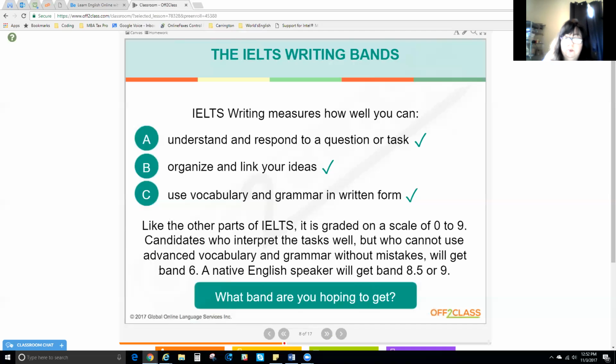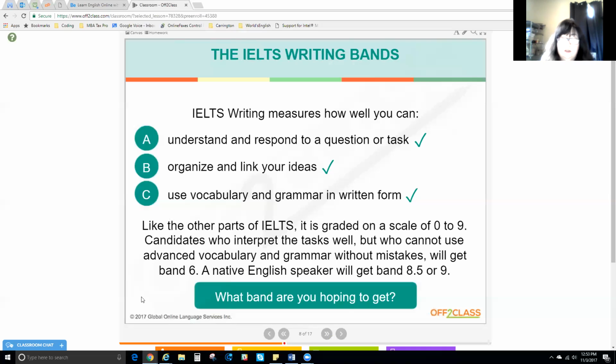Okay, so like the other parts of the IELTS, the writing part is graded on a scale of 0 to 9. Candidates who interpret the task well but who cannot use advanced vocabulary and grammar without mistakes will get a band 6. Most countries want either a 7 or 8, and most universities want either a 7 or 8.